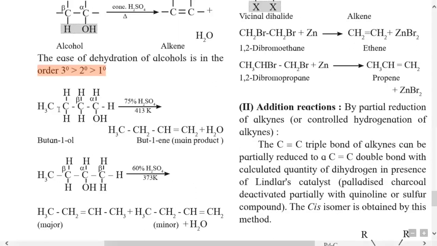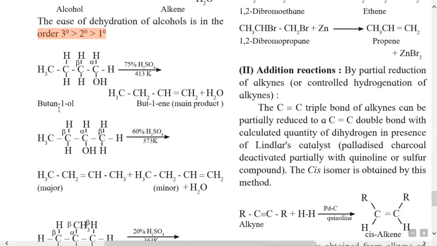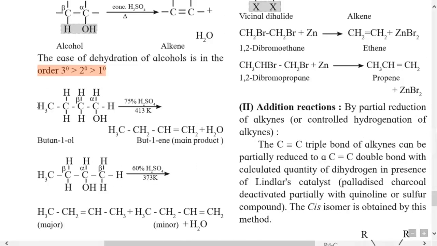So here we will consider examples of primary, secondary, and tertiary alcohol. Consider this example of a primary alcohol, because the OH group is bonded to a primary carbon atom. This carbon is alpha. Next to this alpha carbon is the beta carbon. This primary alcohol, butan-1-ol, is heated at 413 Kelvin in the presence of 75% H2SO4.